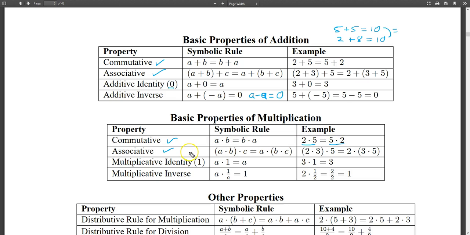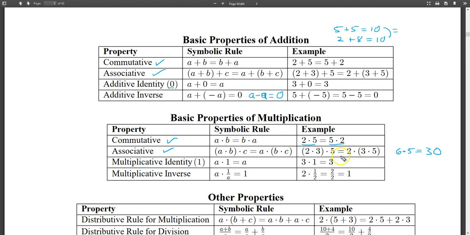The associative property for multiplication means you can move the parentheses around, just like for addition. So, for example, (2 times 3) times 5, this means you multiply the 2 and 3 together first. That's the same as if you multiplied the 3 and 5 together first and then multiplied by 2. So on the left-hand side here, 2 times 3 times 5 is 6 times 5, and of course that is 30.